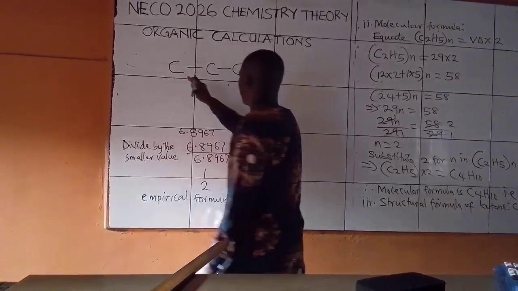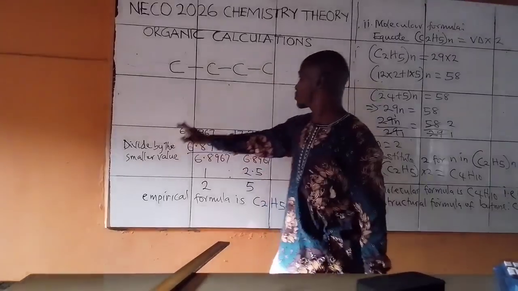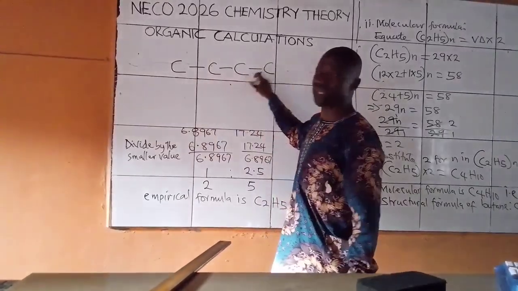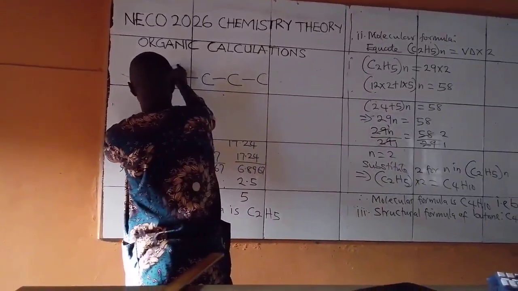So we have 4 carbon atoms. 1, 2, 3, 4. So then we have hydrogen atoms bonded to them.